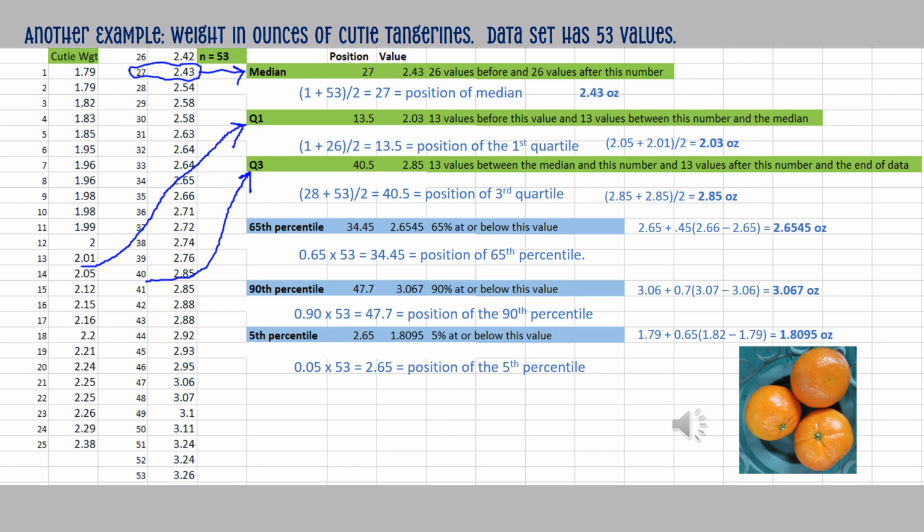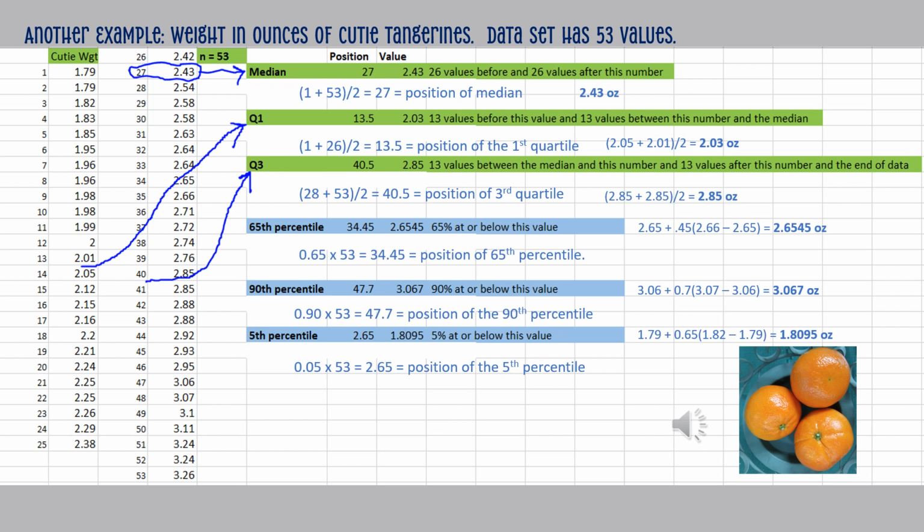For the 65th percentile, 65% of 53 is 34.45. So you're going to get a value in between the 34th and 35th, almost halfway in between them, but technically we'll find 34.45. So the 34th value was 2.65 and the 35th value was 2.66.